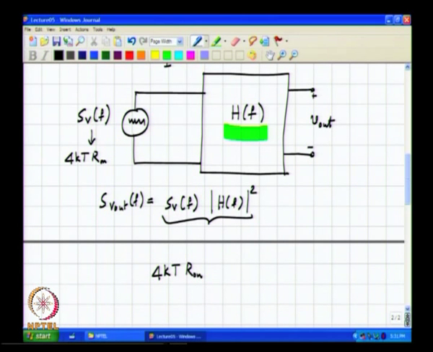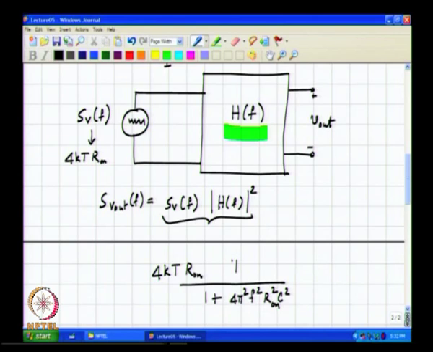Okay. And what is mod h of f whole square for us? 1 by 1 plus omega square R square C square, and please note this is h of f. So, what should it be? 1 by 1 plus 4 pi square f square R square C square.